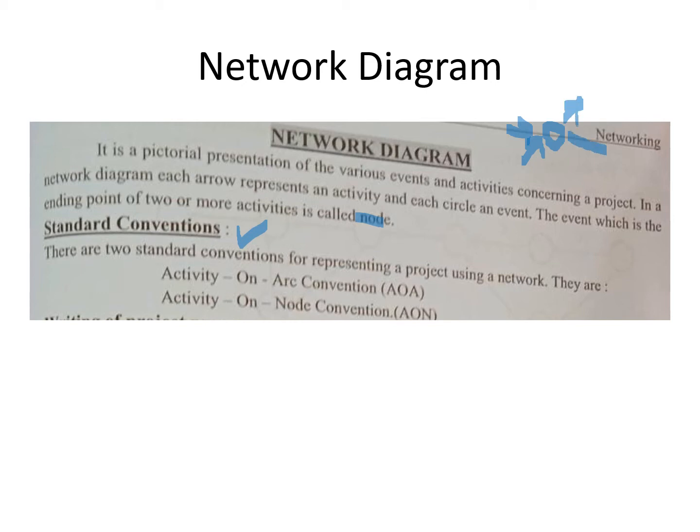Sometimes it originates from a node and meets up in a different node also. So we talked about two conventions like we spoke before. One is called the activity on arc, or also activity on arrow. In some places it's activity on arrow, AOA, and activity on node, which is AON. These are the two conventions that are followed for your network diagram.